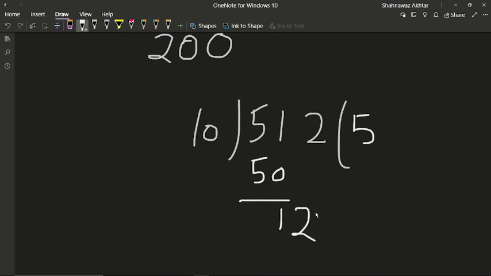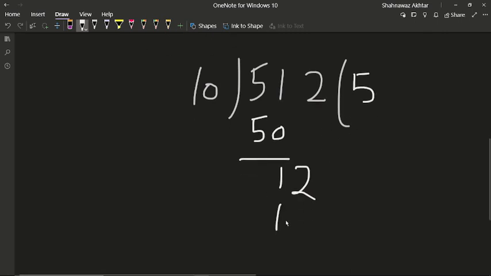Then we take down this 2, and we can divide one more time. Since it goes one time, we have 10, and we have a remainder of 2.